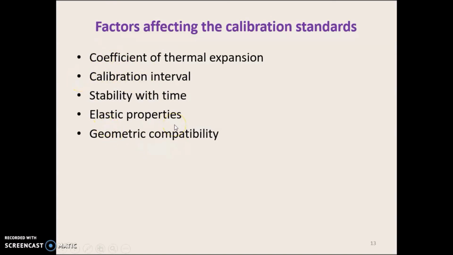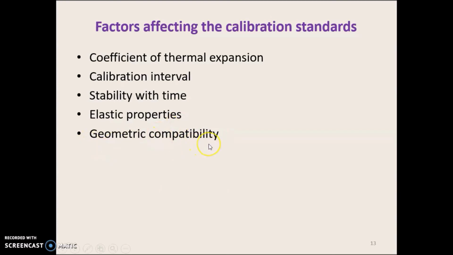And the elastic properties, nothing but the Young's modulus, bulk modulus, and the ultimate tensile strength, or other modulus properties, that is the elastic properties of the standard, are going to vary with respect to temperature, pressure, or the working atmosphere, or the usage of the standard with the instrument or the workpiece, whether it is going to physically contact the workpiece or physically contact the instrument, something like that. All these are to be considered.